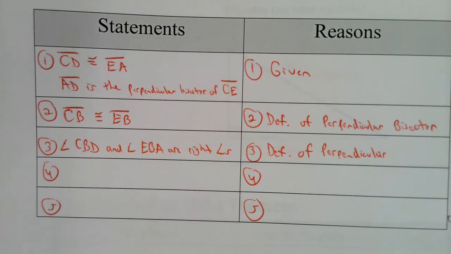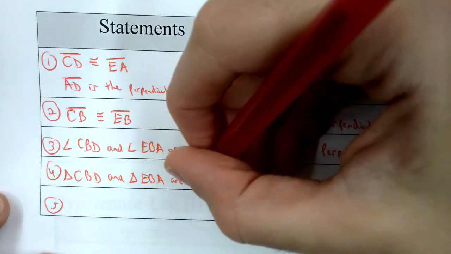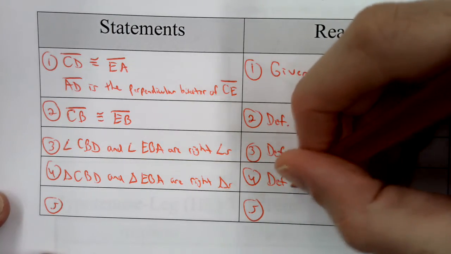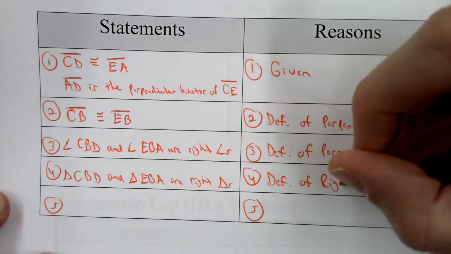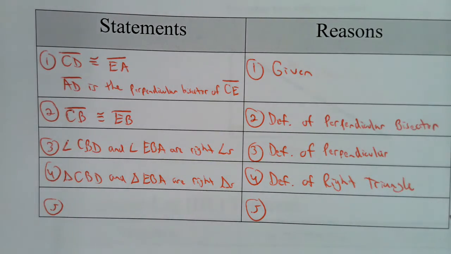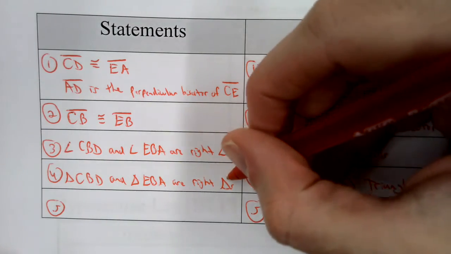And now I can say that triangle CBD and triangle EBA are right triangles because I have the right angles. Definition of right triangle. This looks better like that.